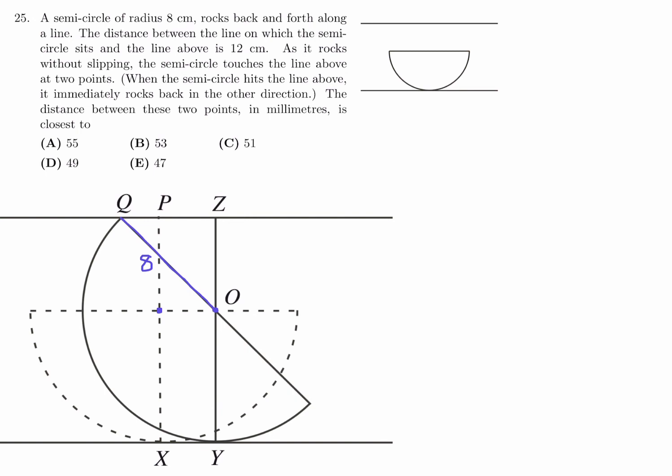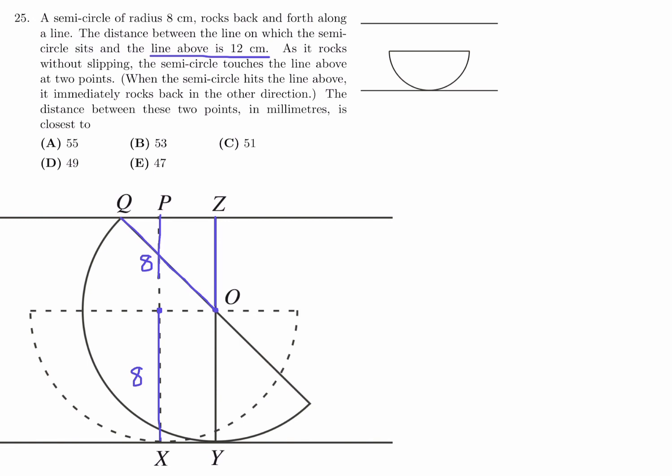Now we need to figure out as many distances as possible. So the next one that you can figure out pretty quickly is O to Z, that distance right here. You know that from this point till the bottom is just the radius, and that's going to be 8. And they tell you that the line above is 12 centimeters.